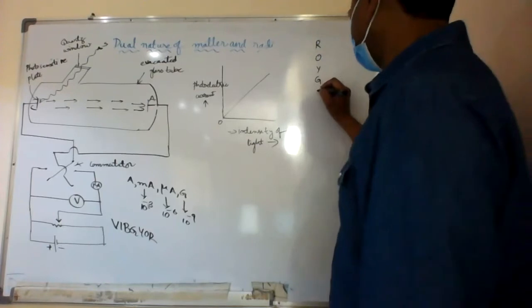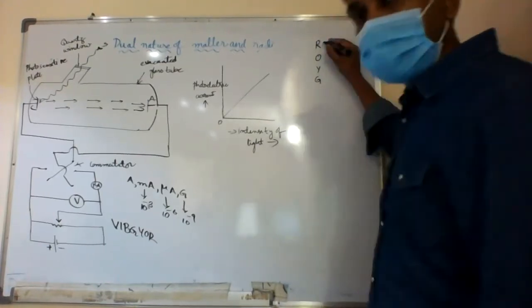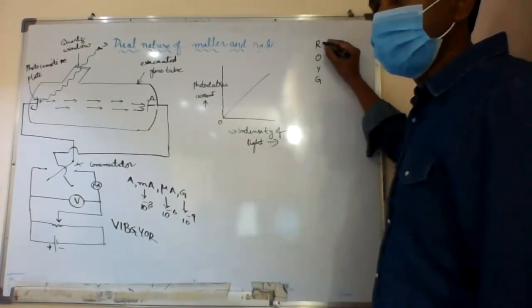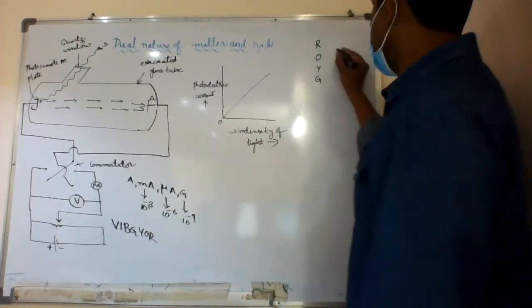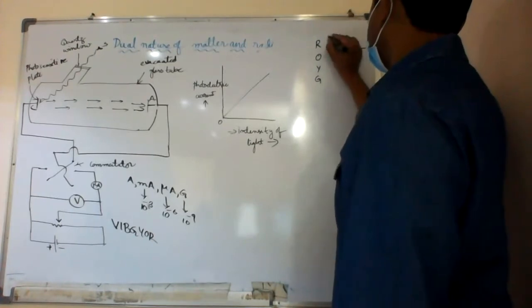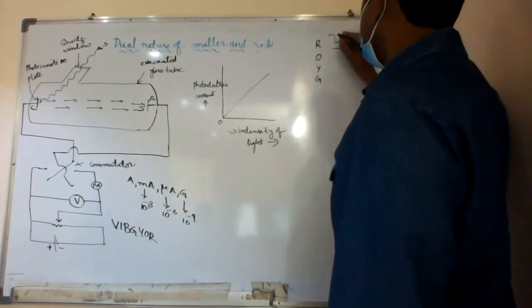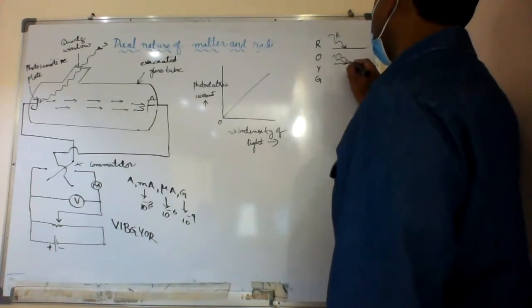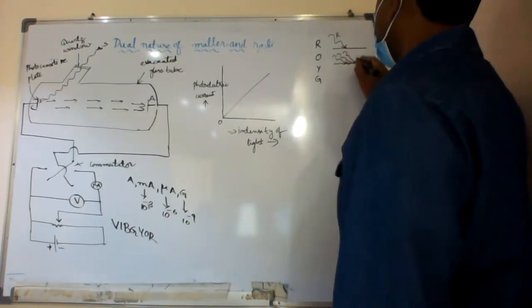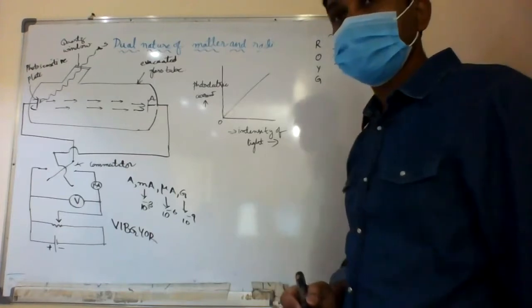I started with red color light and no electron came out. Even if I increase the intensity of red color light, electrons are not going to come out.